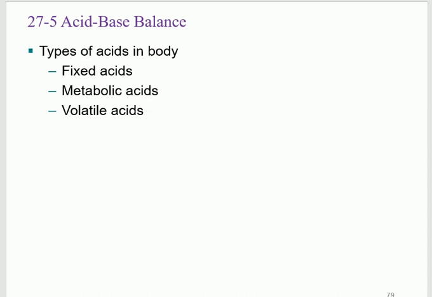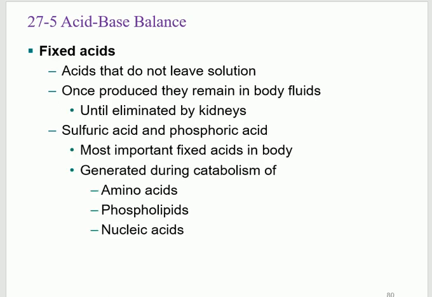And when you say acidosis, like the acids are increased, what are these acids? Fixed acids, metabolic acids, and volatile acids. These are the three types of acids. Fixed acids are fixed in a solution. They don't go away.